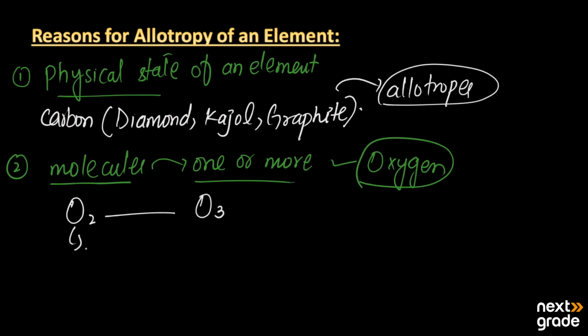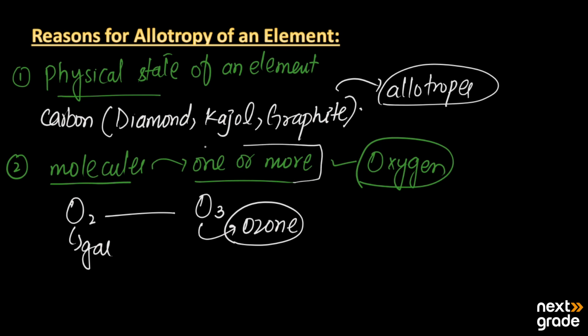Here it is oxygen gas, and here O3 is the ozone layer. So this is due to the different molecules that an element can have. Oxygen has two atoms in one molecule in O2, and here it has three atoms in a molecule. So this is due to the molecule having a different number of atoms in it.